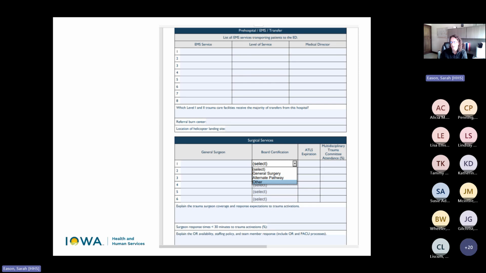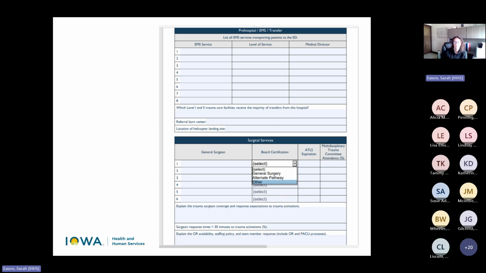The next page of the SACA is, again, really self-explanatory. Your EMS providers that are coming in here, your level of service and their medical directors. This would be your catchment area of your hospital. Any EMS service that's bringing patients to your hospitals, to your emergency departments, what level of service they are, paramedic, conditional paramedic, ALS, BLS, transport only, and who their medical director is.